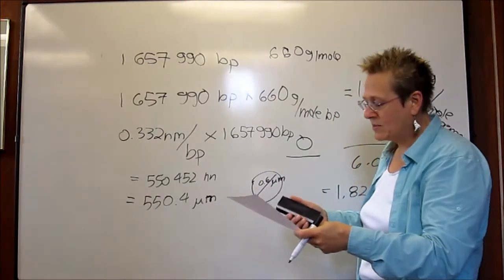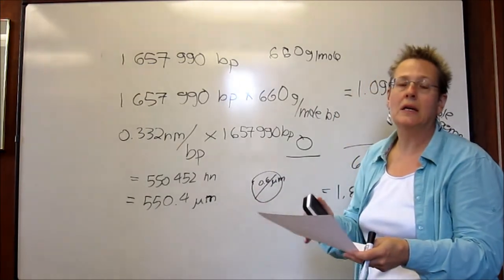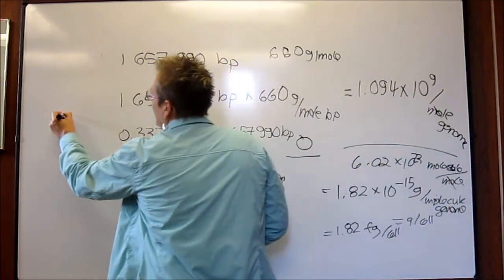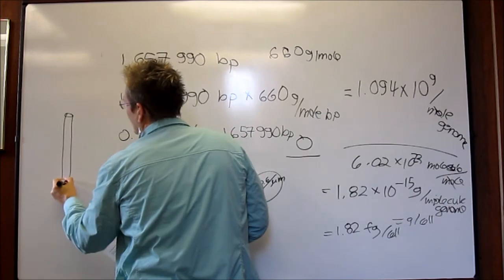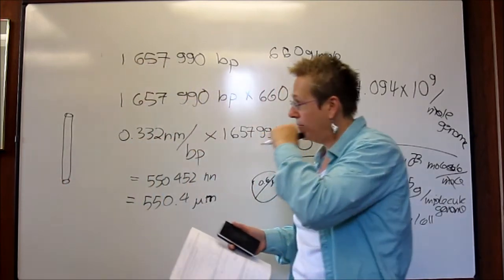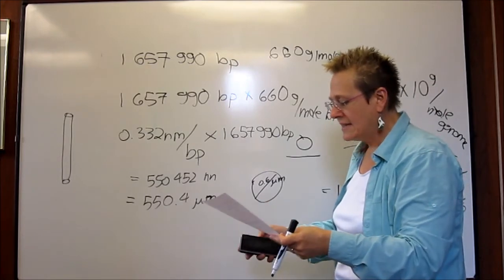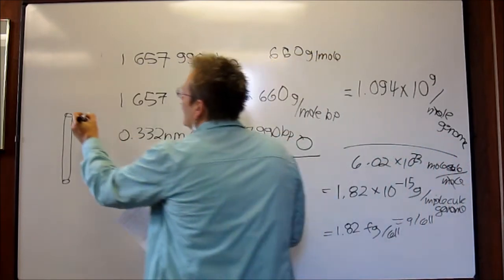Okay, finally, it asks what the volume of the DNA is relative to the total volume of the cell. So if we think of the piece of DNA as a cylinder, which is what the question asks you to do, imagine it's a string that is like a cylinder, and it has a diameter of 2 nanometers.